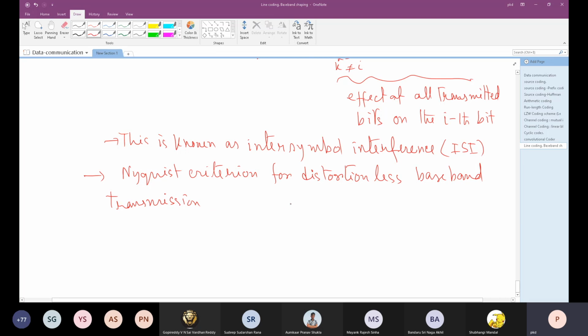So the Nyquist criterion for distortionless baseband transmission is based on the specification of the transmitting and receiving filter.